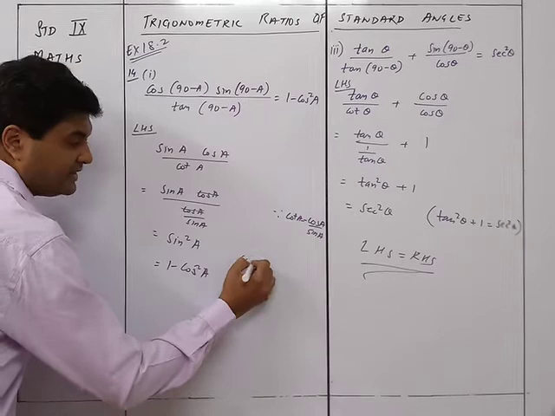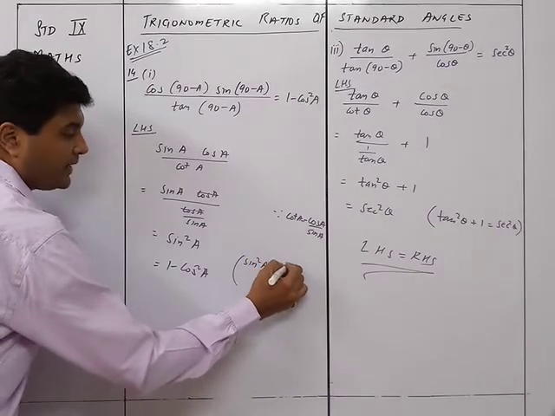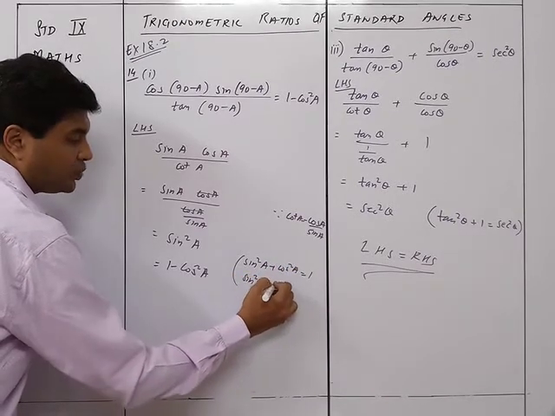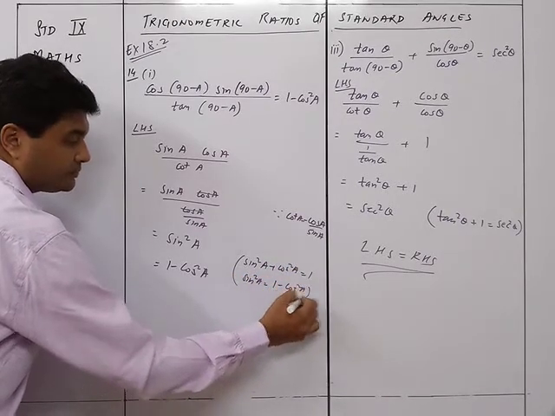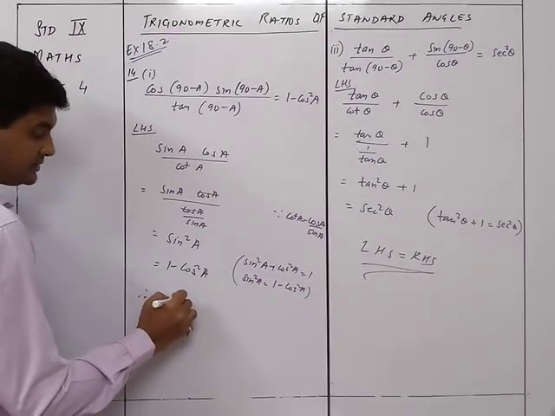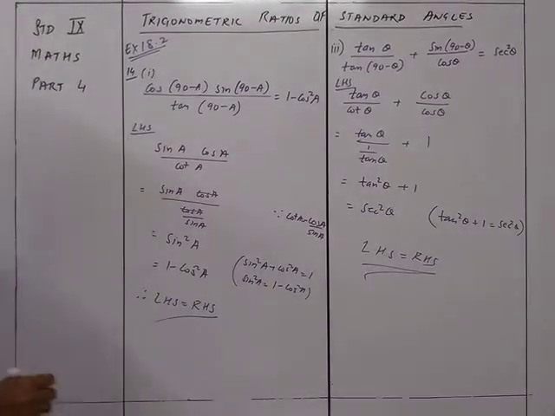Because sin square A plus cos square A is equal to 1. So sin square A is equal to 1 minus cos square A. Clear? Therefore, LHS is equal to right hand side.